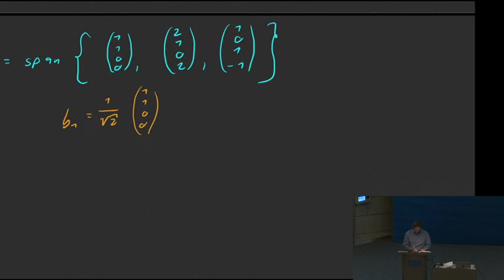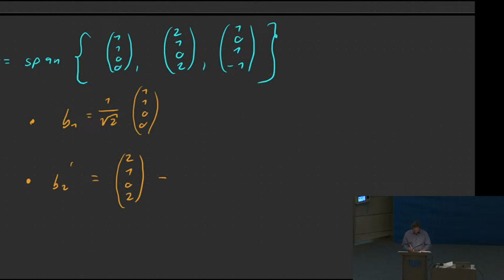Now for the second basis vector, that was step 1, here's step 2. I first compute the non-normalized version of my second basis vector. And I get that by taking the original second vector, this one here, (2, 1, 0, 2). And then I subtract the projection of that vector onto the space spanned by the first one, or in general by what I already have.